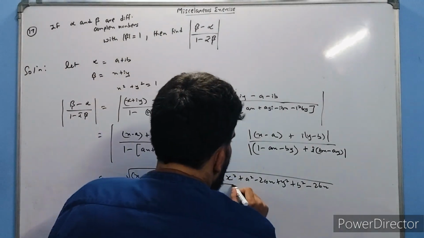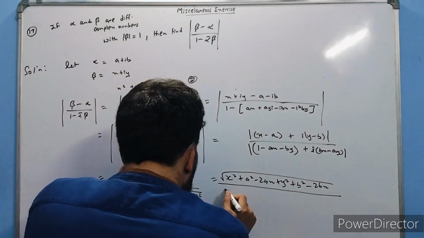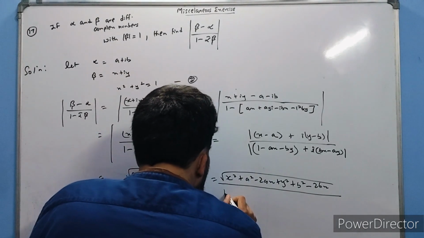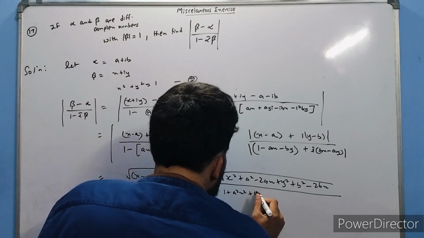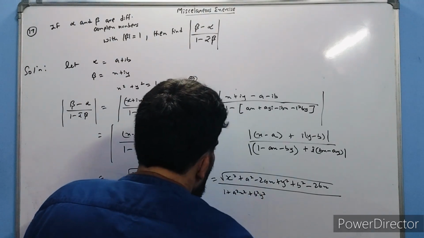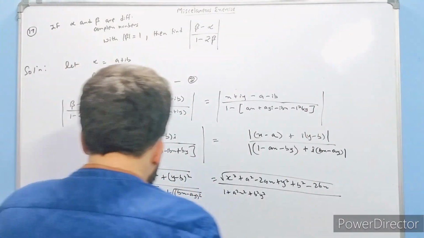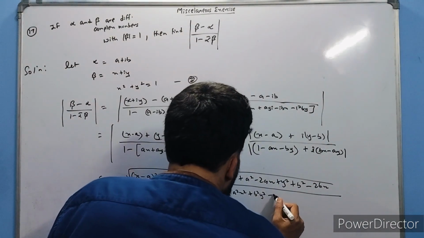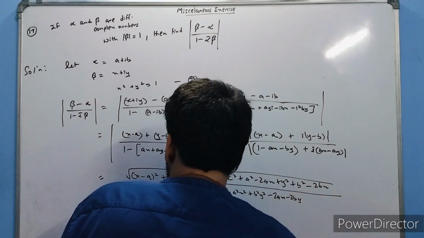Now we'll take the similar case. Here we have (a plus b plus c) whole square, a square plus b square plus c square. Now we have in this that is minus, so we'll take minus 2ax minus 2by.